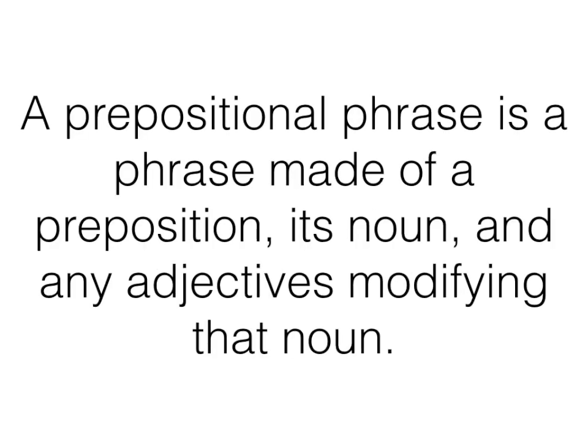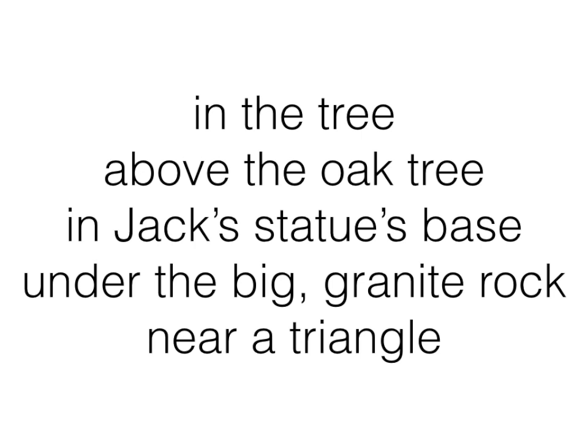Now, a prepositional phrase is a phrase made of a preposition. So in the phrase, you've got the preposition, the noun that goes with it, also called the object of the preposition, and then adjectives modifying that noun. So here are some examples. Here are 5: in the tree, above the oak tree, in Jack's statue's base, under the big granite rock, near a triangle.